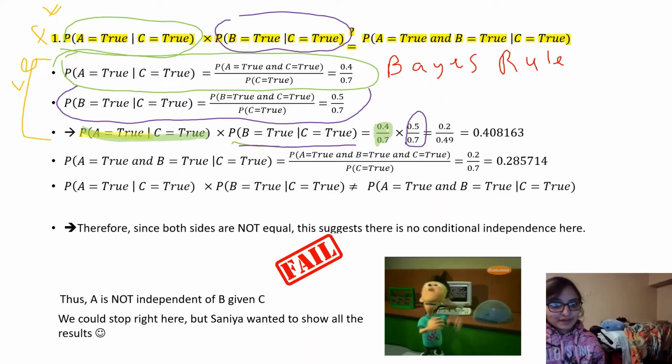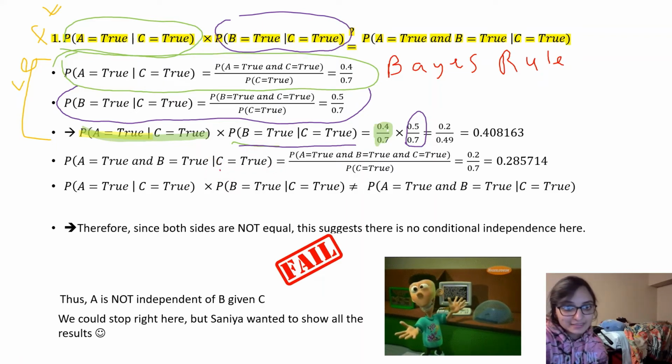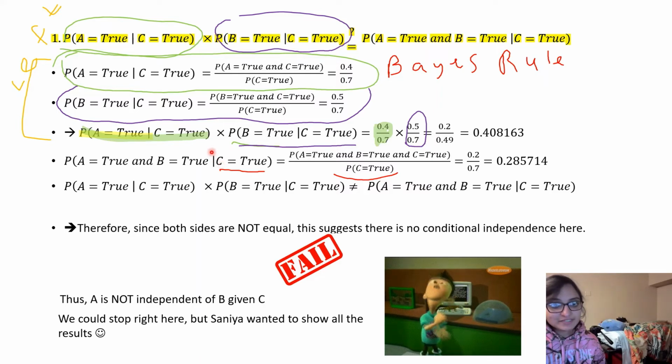Now we want to find the probability on the right side, which is A is true and B is true given that C is true. Using Bayes' rule again, the denominator is that C is true. The numerator takes the part we're interested in, A is true and B is true, and it also slashes down this 'given' and makes it an 'and'.